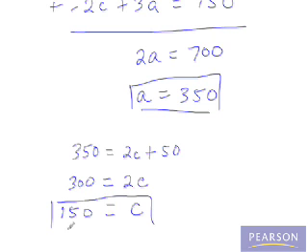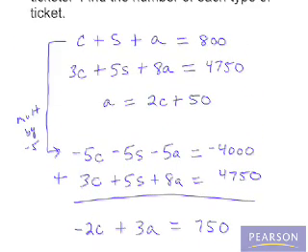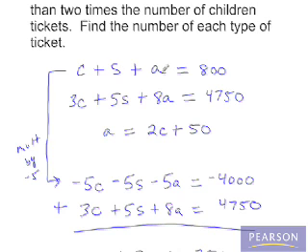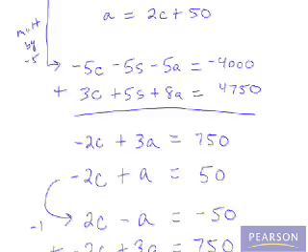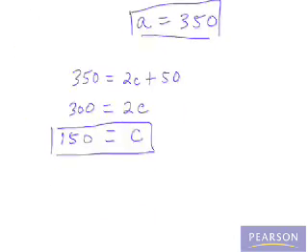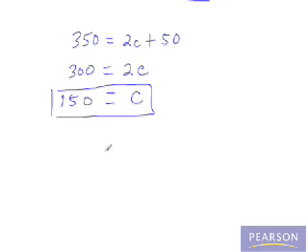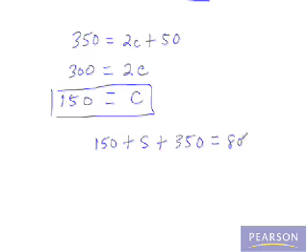So now I have 2 out of the 3 variables. Now I must go back to one of our original equations that has all 3 variables in it to find our missing variable. Let's choose the top one: C plus S plus A is equal to 800. Substituting our values, A is 350 and C is 150, we have 150 plus S plus 350 equals 800.